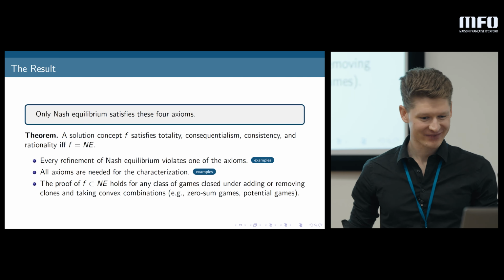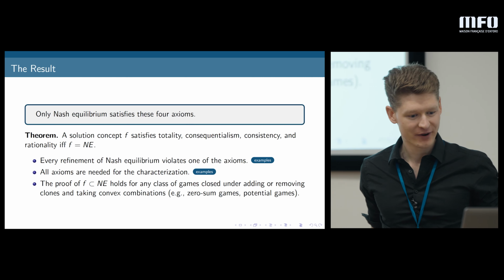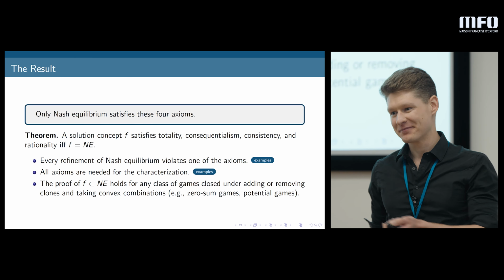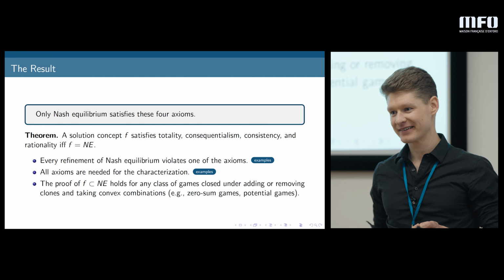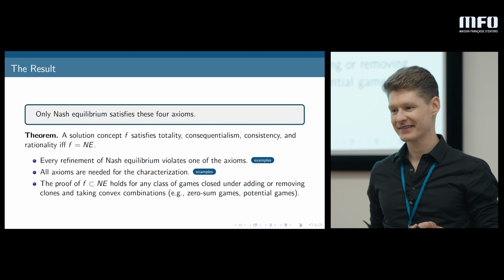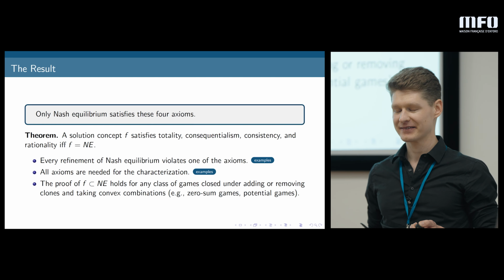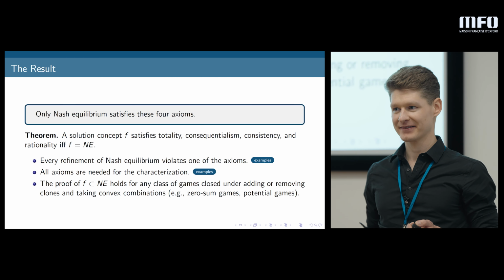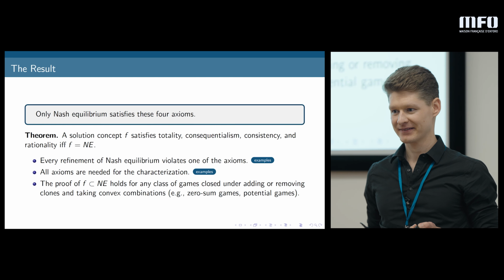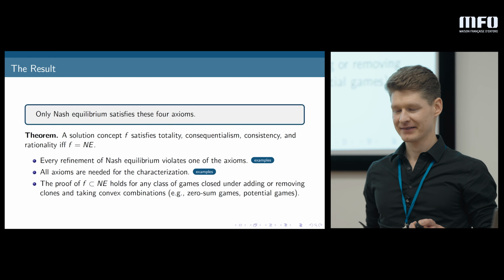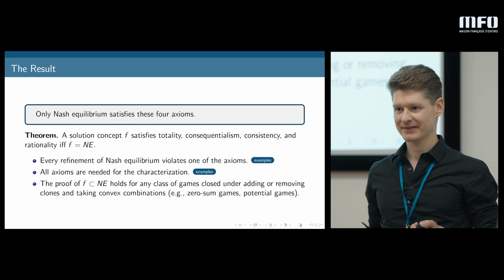Okay, I'll continue. So two more remarks here. Yes, please. I wanted to ask about the consistency axiom, because that strikes me as the least obvious of the four. For example, one solution concept that comes to mind is players play their max and min strategies. That's going to satisfy the other axioms. It won't satisfy consistency, but ruling out max and min because of consistency maybe doesn't seem quite right.